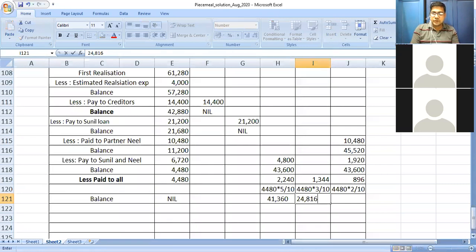Then Nil: 43,600 minus 896, remaining value 42,704. So these are the balances available. You have to keep in mind how we will write our answer. Is there any difficulty? Is there any particular problem? You can ask.